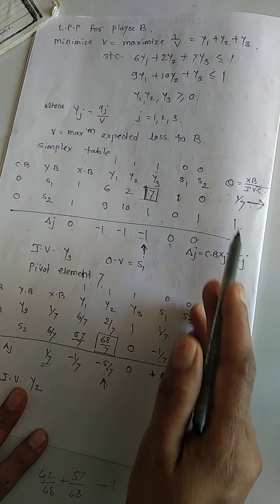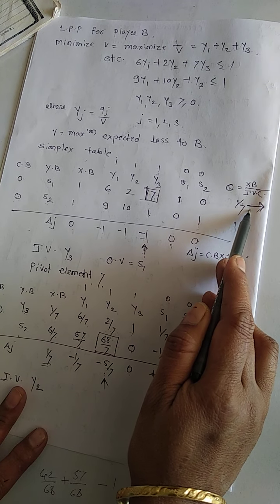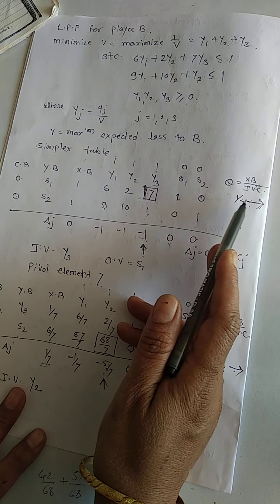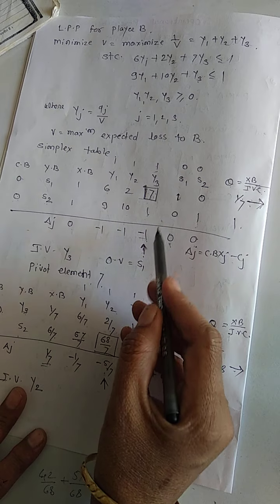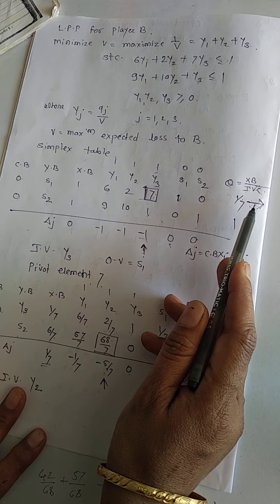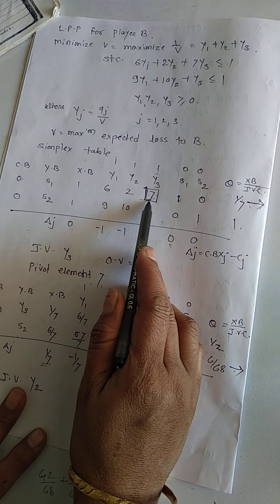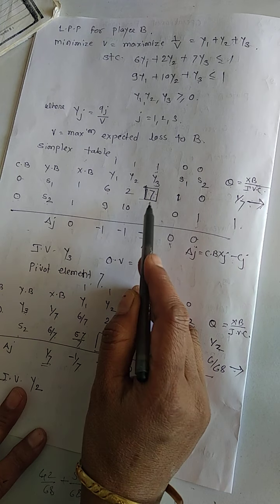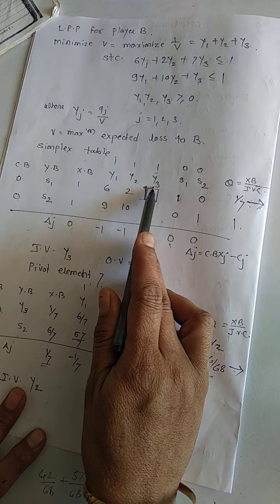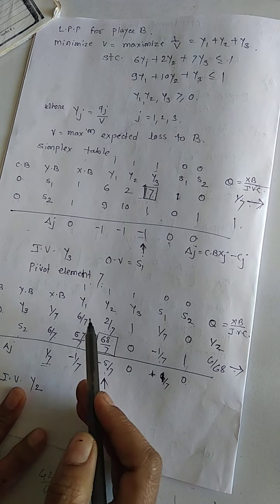Here the least positive is 1 by 7. Then the intersection of the incoming vector column and the least positive is 7. Therefore 7 is the pivot element, and the outgoing vector is s1 and the incoming vector is y3.